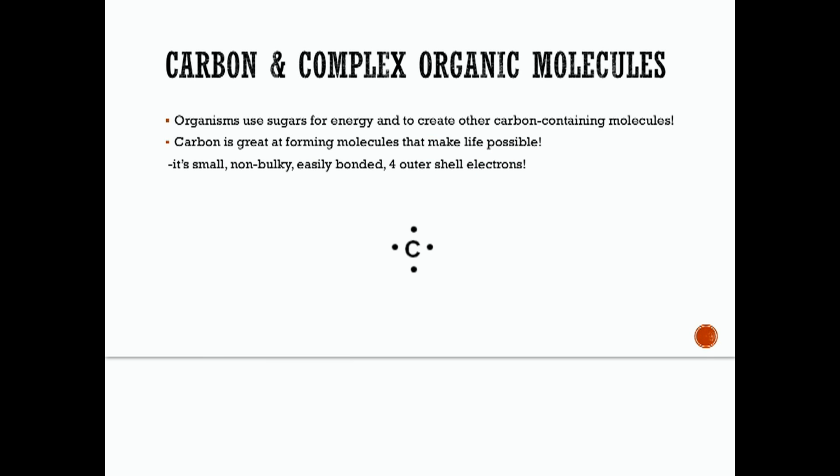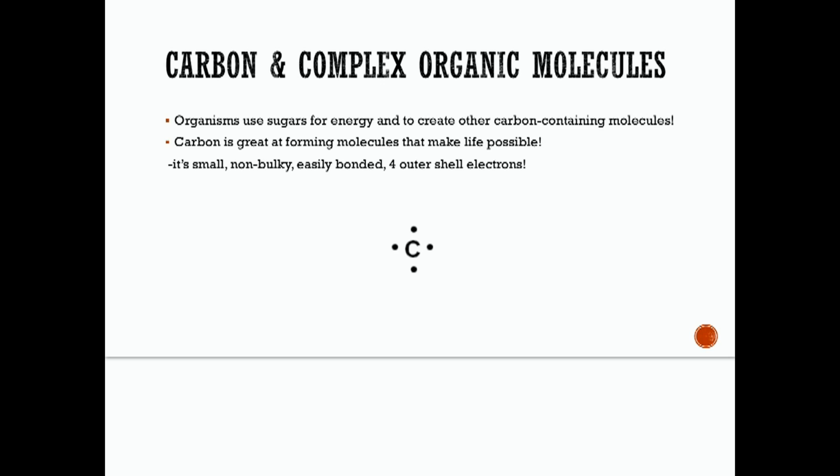A little more about carbon. Organisms use sugars not only for energy, but also to create other carbon-containing molecules. Of all elements, carbon is very well suited for forming the organic molecules that make life possible.